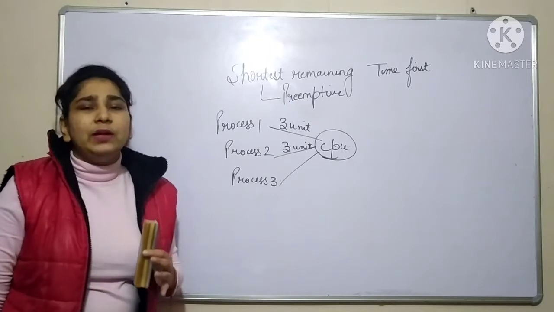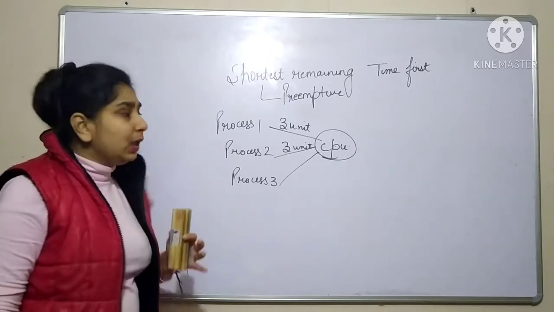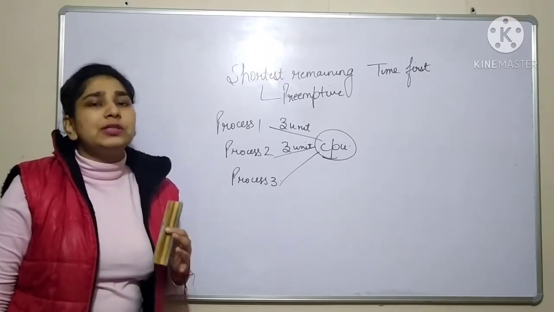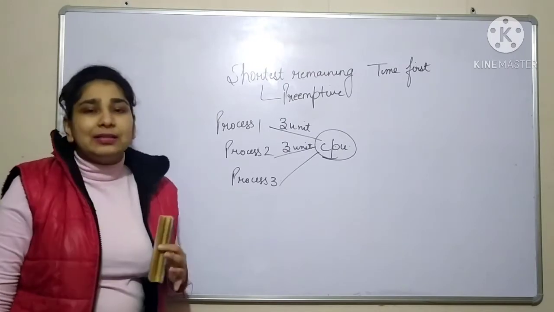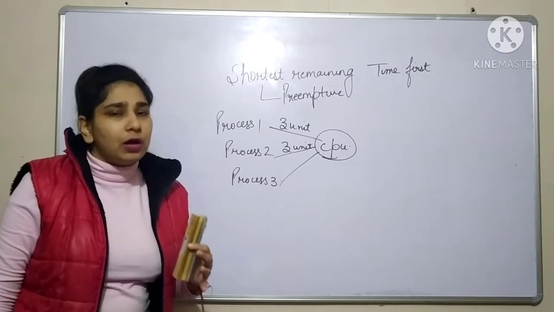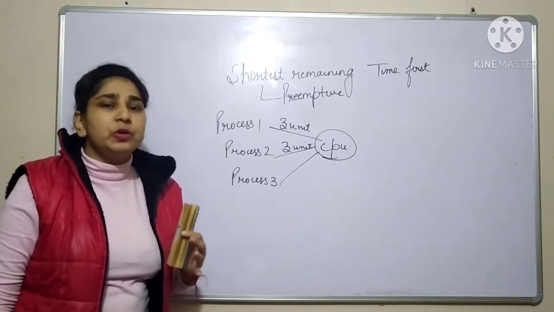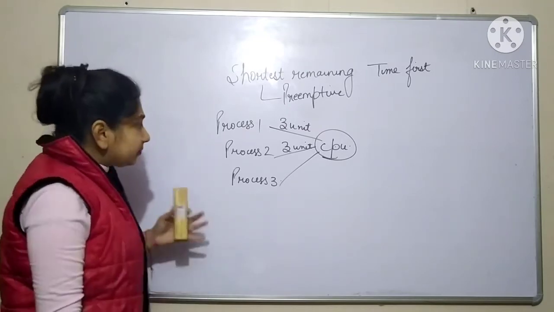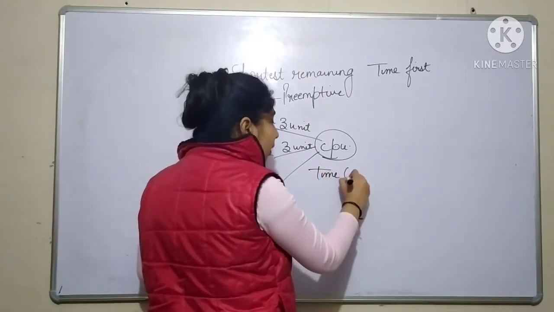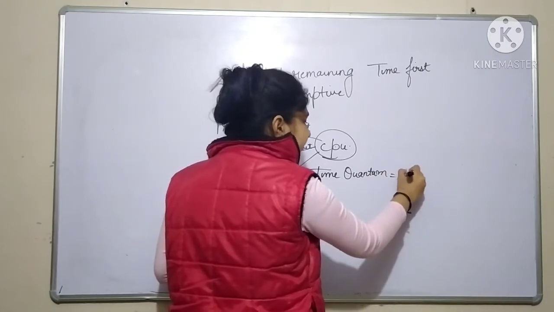But there is a disadvantage of the round robin algorithm. What we want is to reduce the response time, execute many processes as fast as possible, and reduce the waiting time of the processes. But suppose your time quantum is very large, like 10 units.